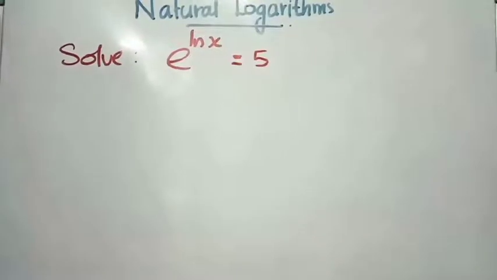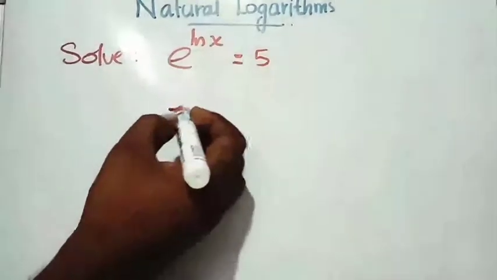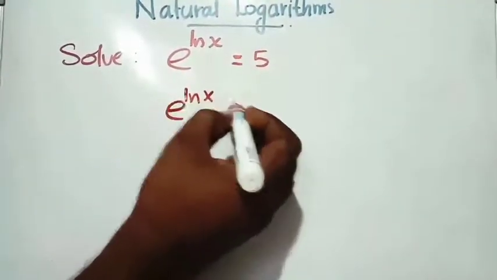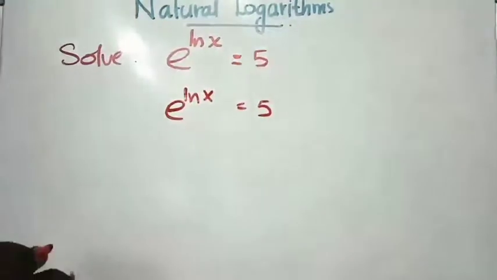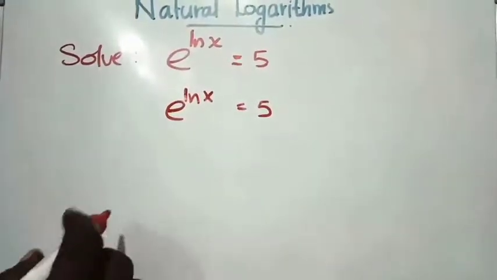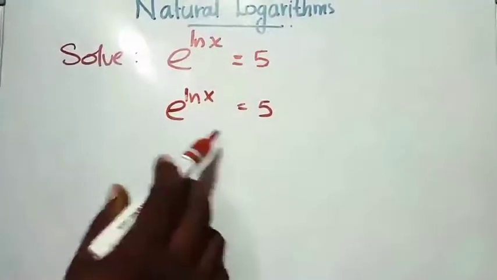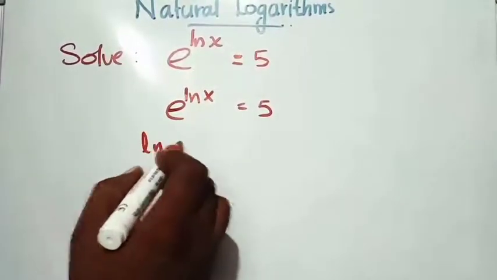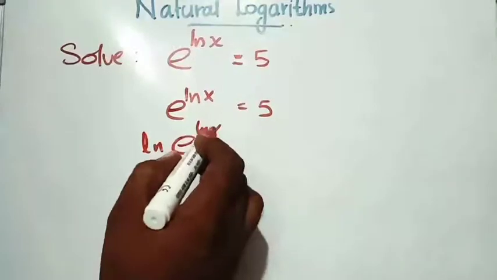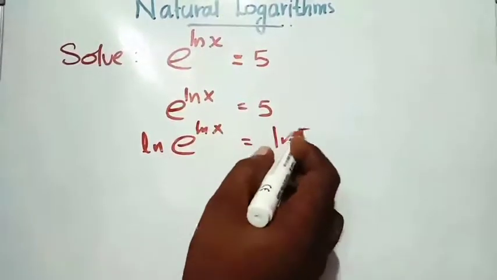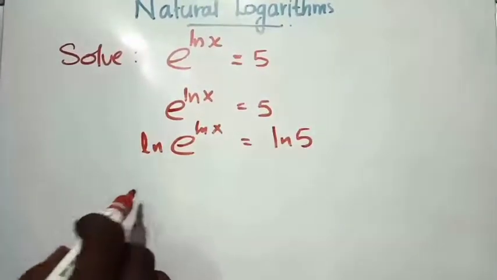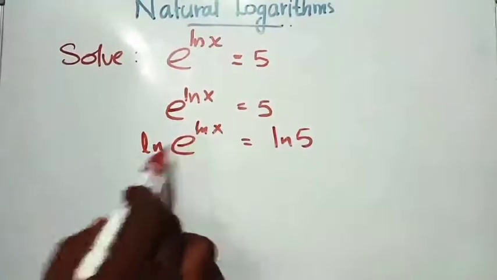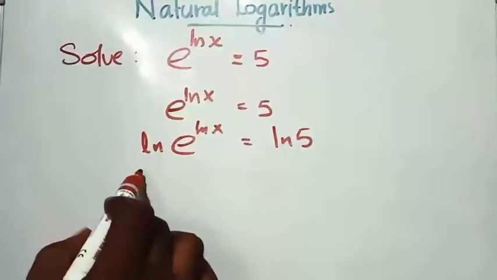Next question: solve e raised to log x is equal to 5. Here also there is no need for any confusion. Apply logarithm on both sides. We get log e raised to log x is equal to log 5. It looks like log a raised to m, which is m log a.